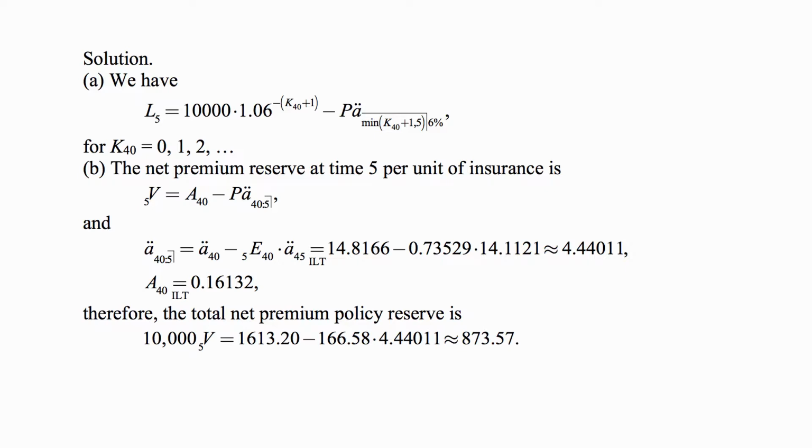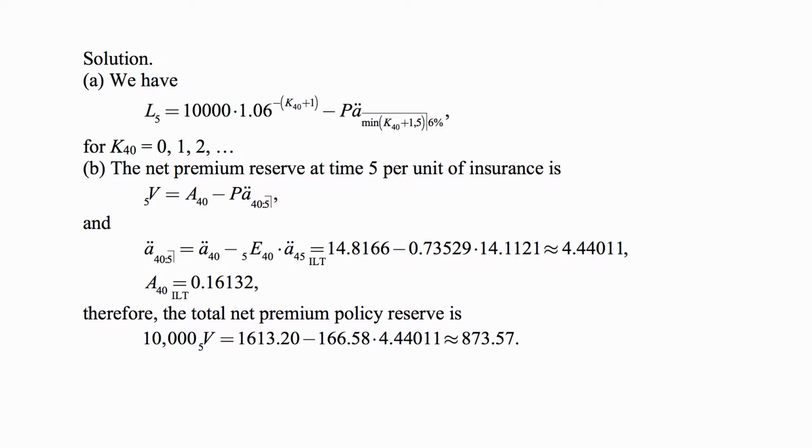So it will be 10,000 times the unit, the reserve per unit. But anyway, we need a double dot 40 colon angle 5, which is equal to a double dot 40 minus 5E40, the 5-year actuarial discount factor, accounting for both interest and mortality, times a double dot 45.